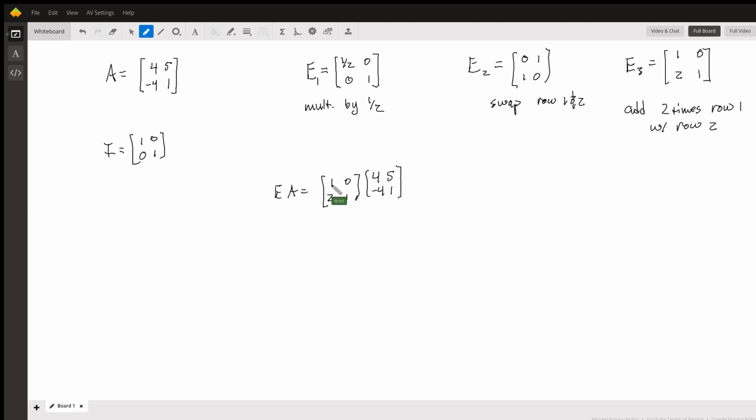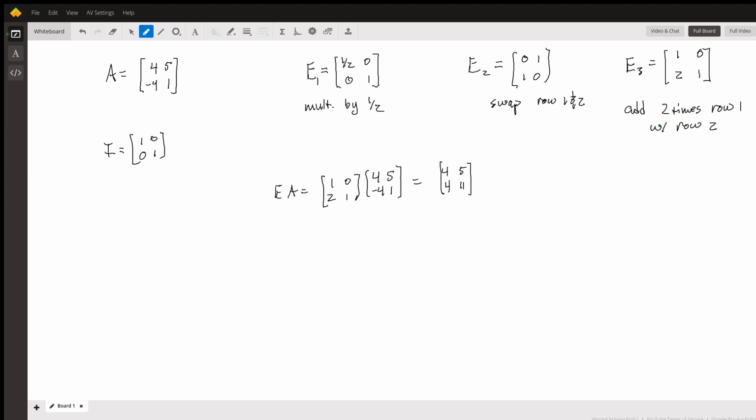And if we multiply these two matrices straight across, we get 1, 0 times 4, -4, which is just 4. 1, 0 times 5, 1, which is just 5. 2 times 4 plus 1 times -4. So 2 times 4 is 8, plus -4 is 4. 2 times 5 is 10, plus 1 is 11. Now again, this is not the answer to your question, because your question says take 3 times the first row of A and add it to the second row, right?